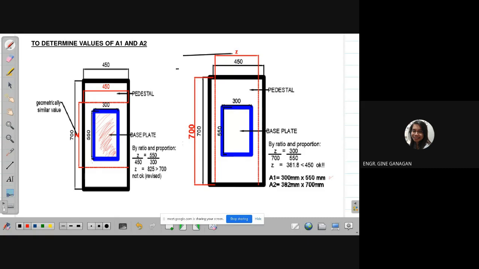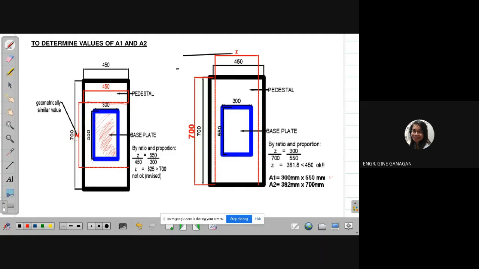Pag min-maximize natin yung 300 and ratio and proportion tayo, that is para makuha yung length natin. So, pag nag-ratio and proportion tayo, kasi pag min-maximize natin yung 300, hindi pa natin alam yung length na kukunin natin sa pedestal. Okay?